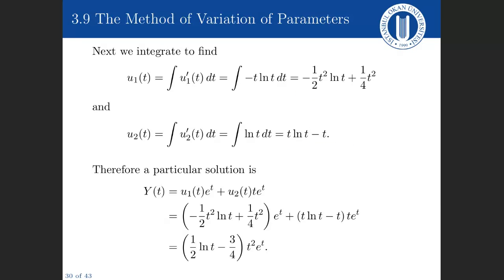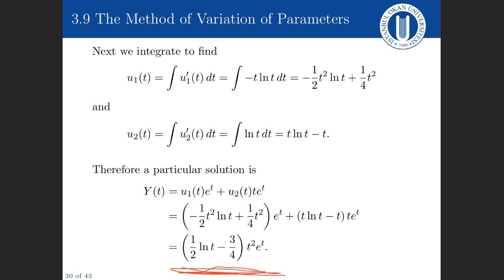And then we can write down the particular solution. The particular solution must be u1 e to the power t plus u2 t e to the power t. Now we know u1 and we know u2. We can substitute these in and we can find that the answer to this example is a half ln t minus 3/4, all multiplied by t squared e to the power t.